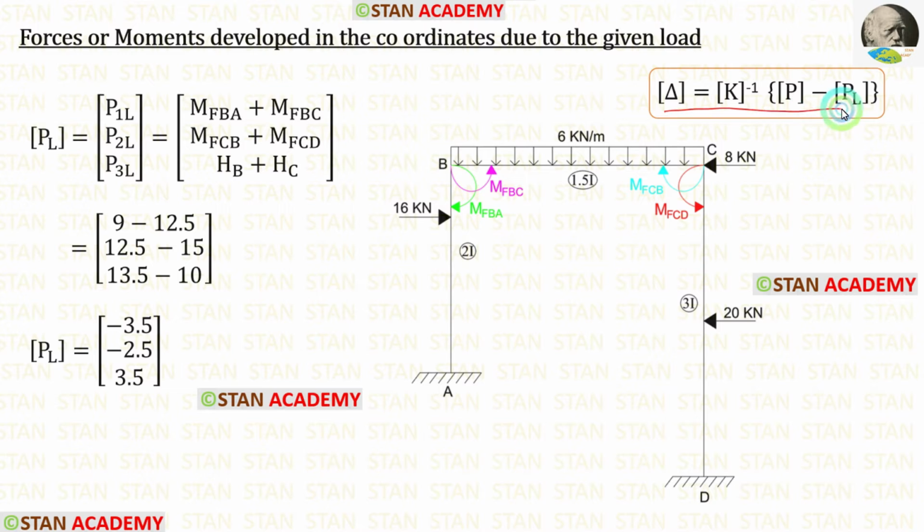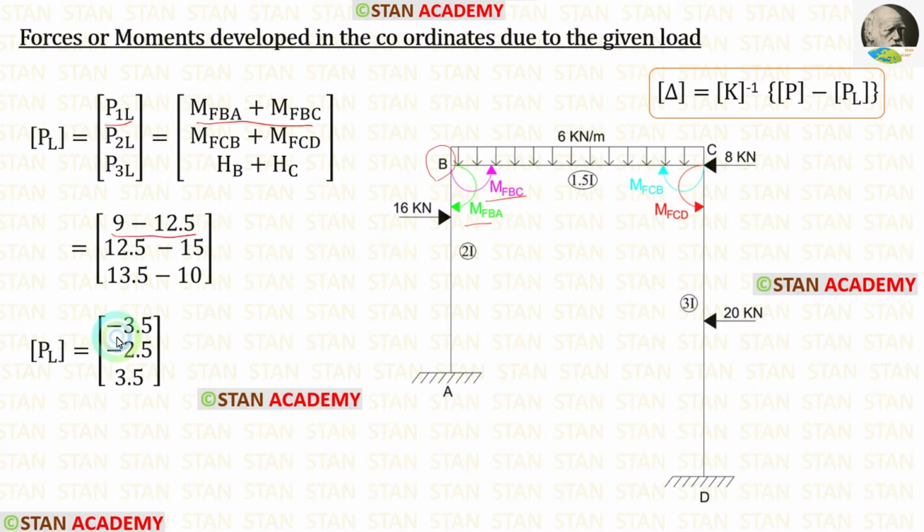In this formula, now let us find the PL matrix. Our first coordinate is in the point B. In the point B, we have found two fixed end moments, M of BA and M of BC. To find P1L, we have to add these two moments.